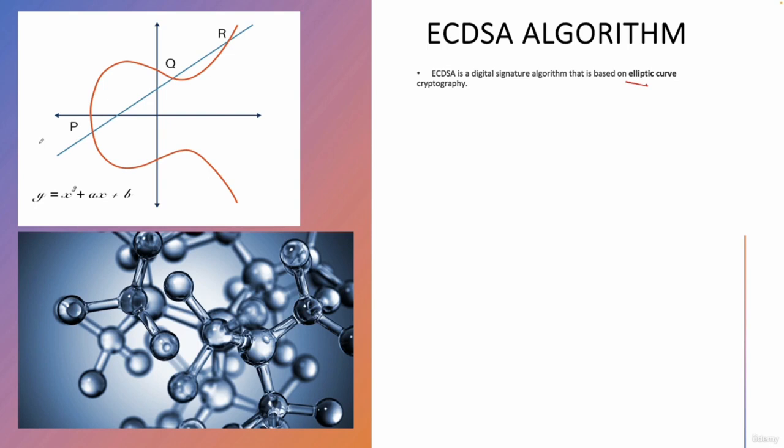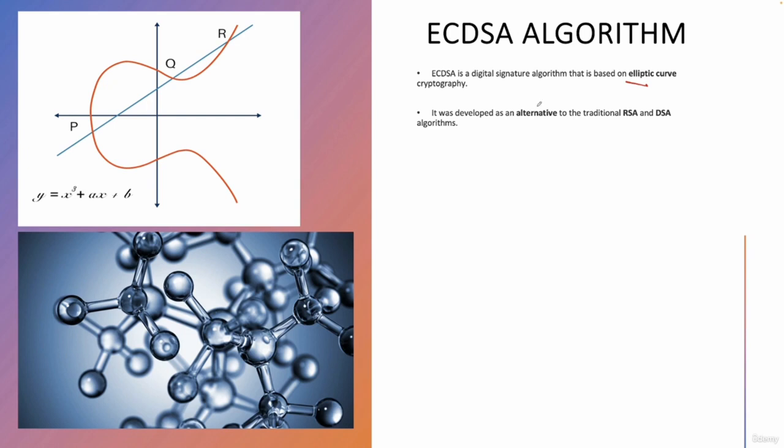What it says is that any point on the curve can be mirrored over the x-axis, and the curve will still stay the same. Quite important. It is part of advanced mathematics, and you can always read about what elliptic curves are, but this is the kind of formula it uses. Okay, let's take a look further.